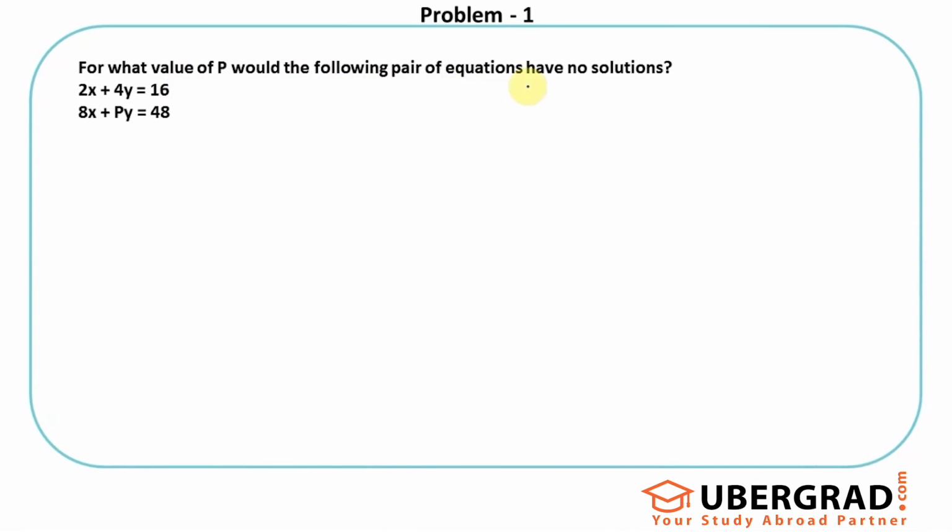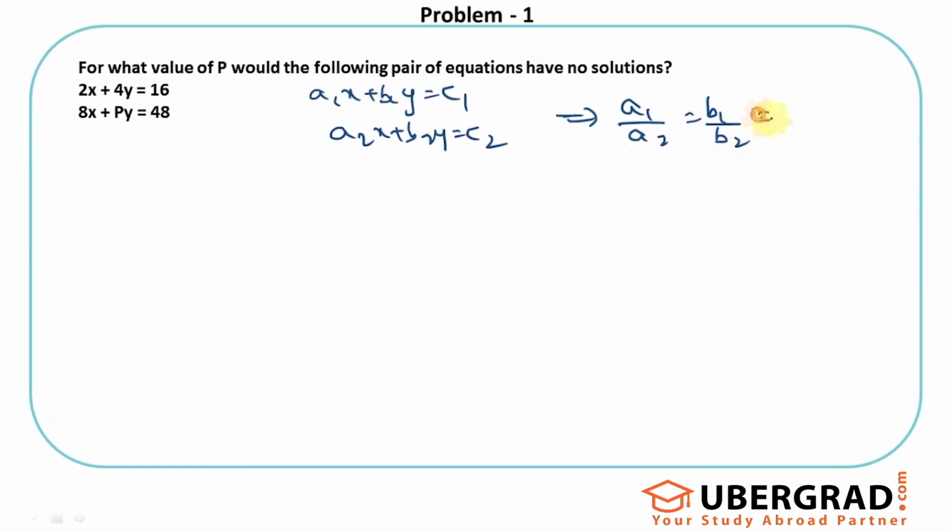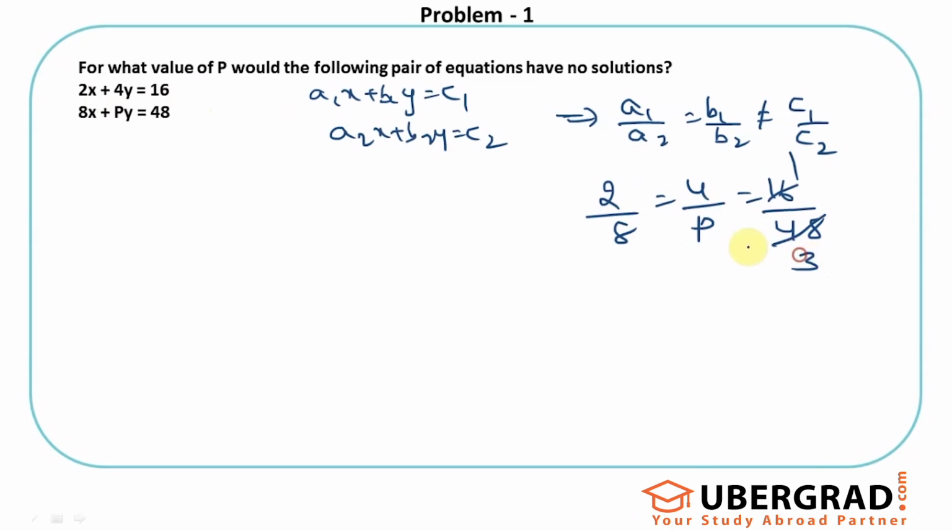So when will I have no solutions? a1x plus b1y is equal to c1, a2x plus b2y is equal to c2 will have no solutions when I have a1 by a2 equal to b1 by b2, but that is not equal to c1 by c2. What is a1 by a2? 2 by 8. b1 by b2 is 4 by p. c1 by c2 is 16 by 48. This is 1 by 3, and this is 1 by 4. This is not equal to, so that is correct.